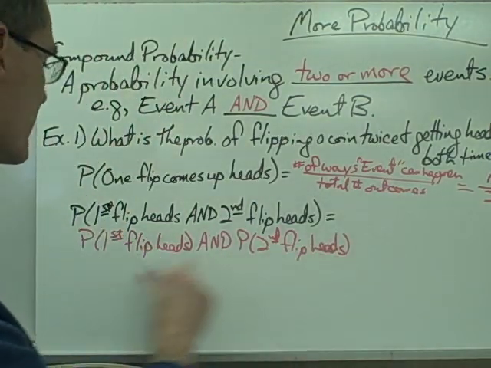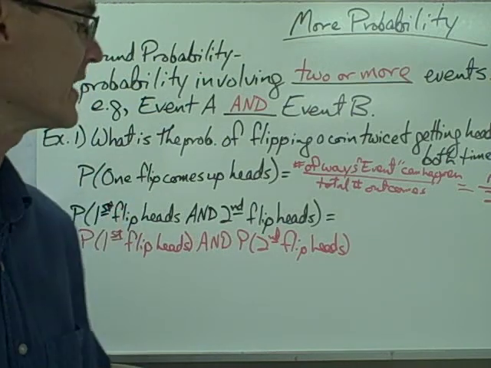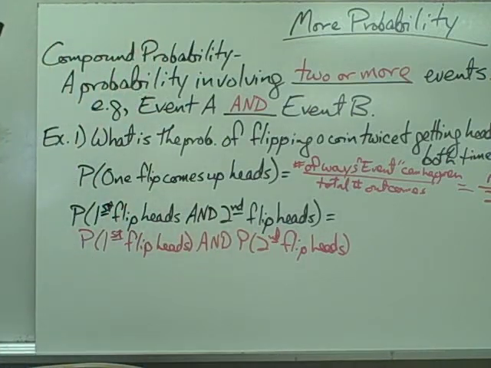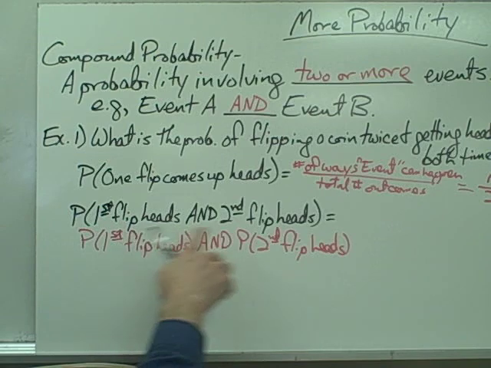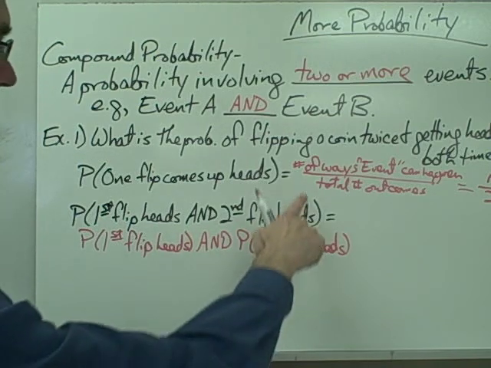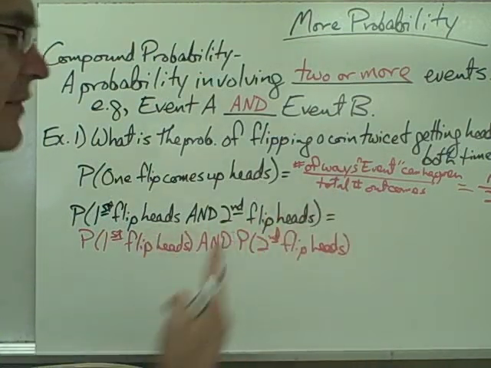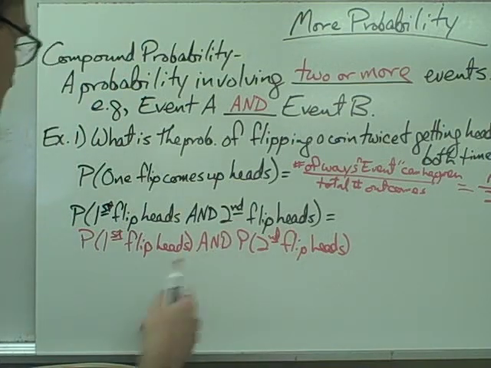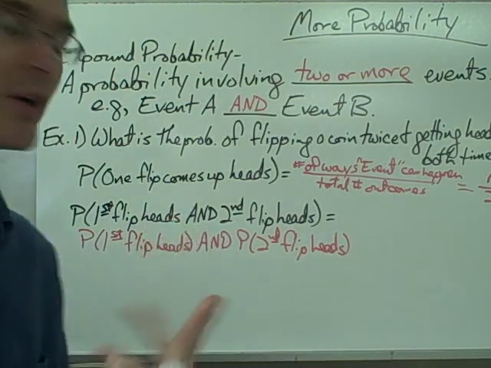This just highlights the fact that I'm talking about two events here. So let's take a look at this. How many different possible outcomes are there? What's the total number of outcomes if I'm flipping the same coin twice?